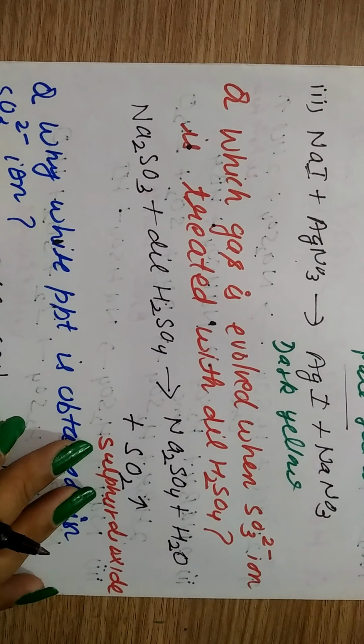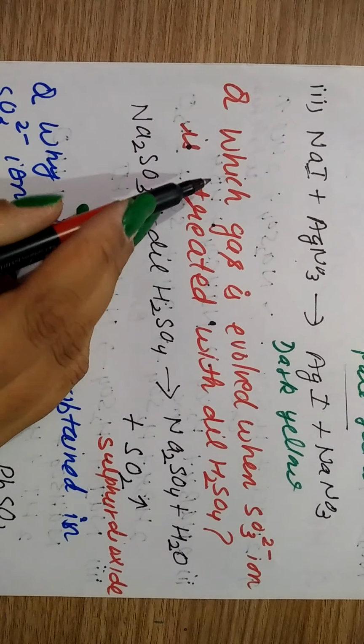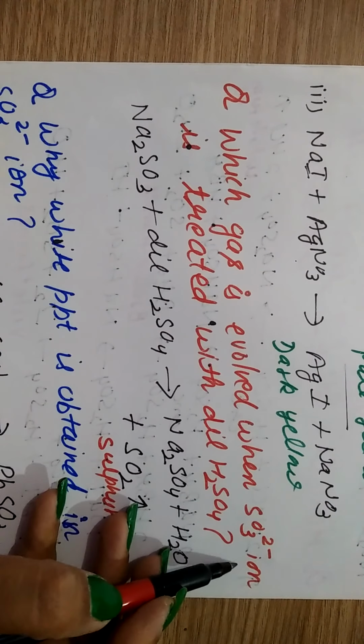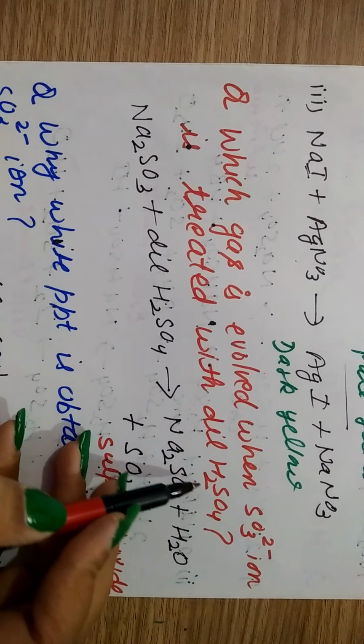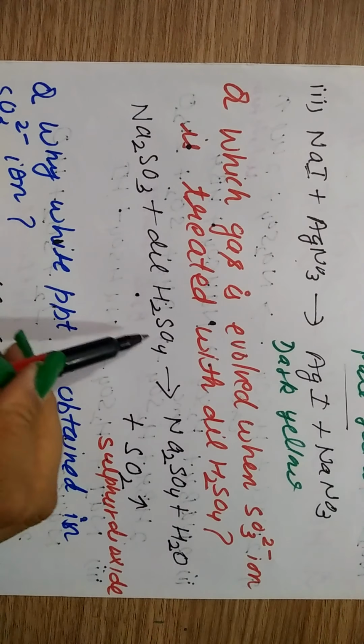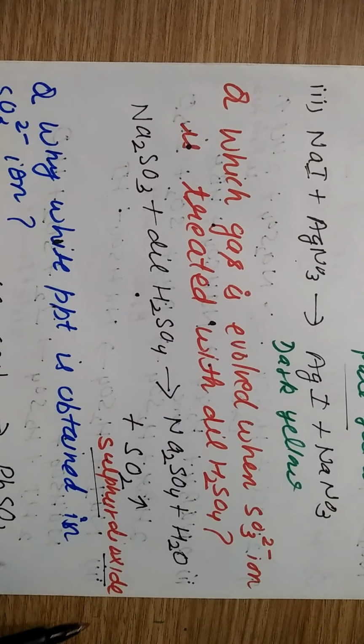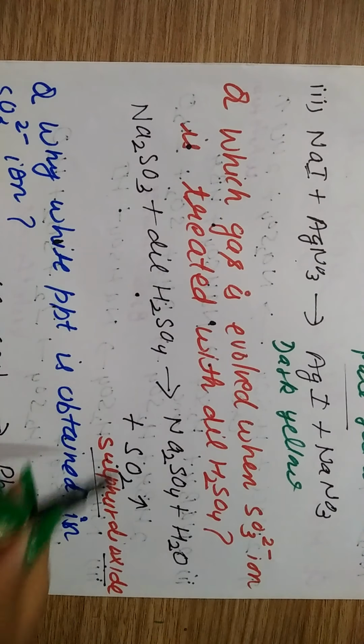Now there is a question related to sulfite anion. Which gas is evolved when sulfite ion is treated with dilute sulfuric acid? When this is treated with dilute sulfuric acid, the gas released is sulfur dioxide, SO2.